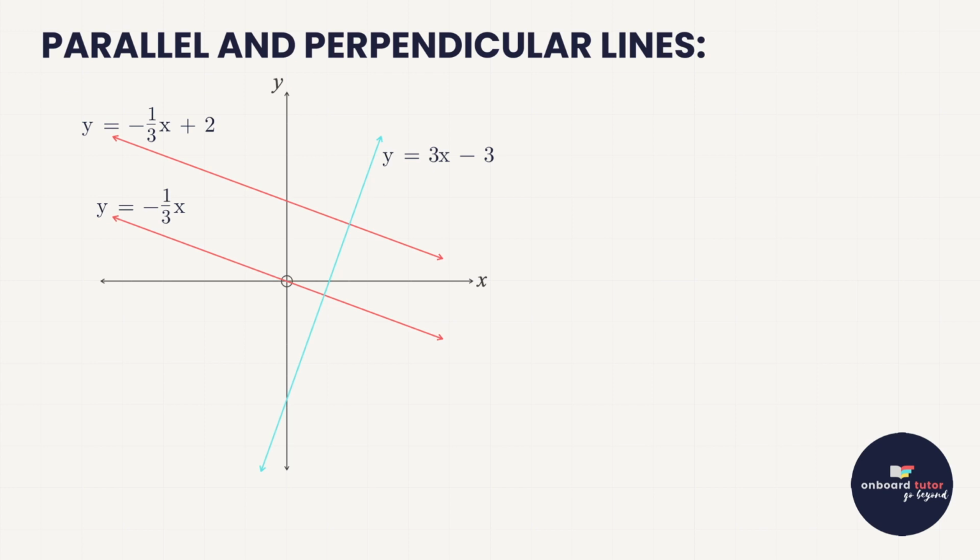Okay. And then finally, let's have a look at parallel and perpendicular lines. So if you look here, the two red lines in this sketch are parallel, which means they're traveling in the same direction at the same slope and will never ever meet. And what we'll notice is that parallel lines have got equal gradients.